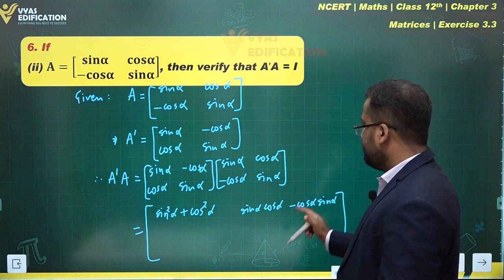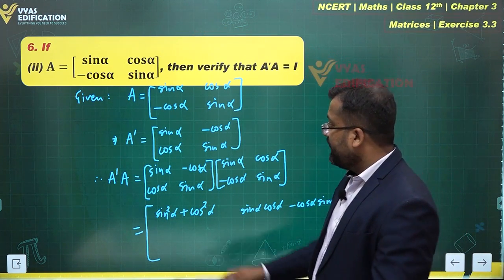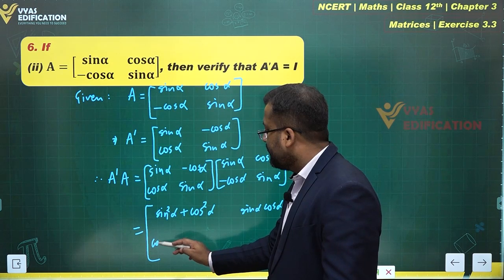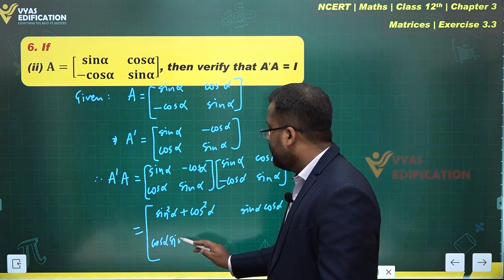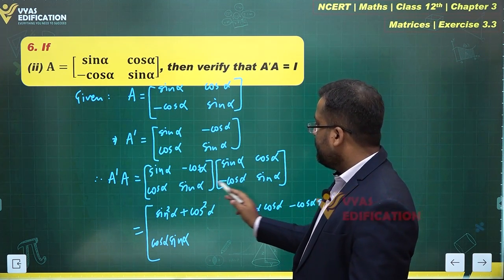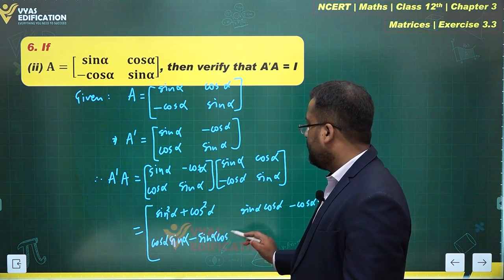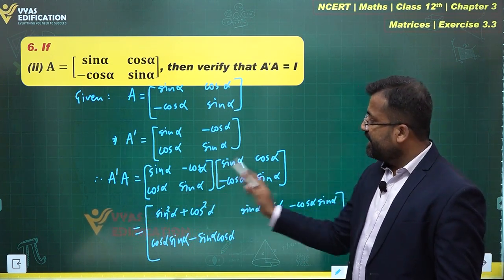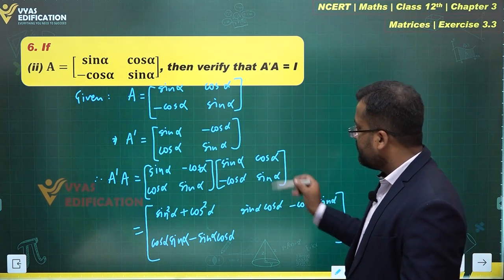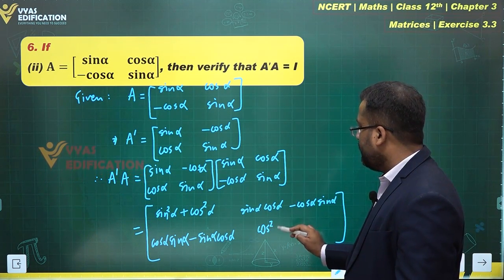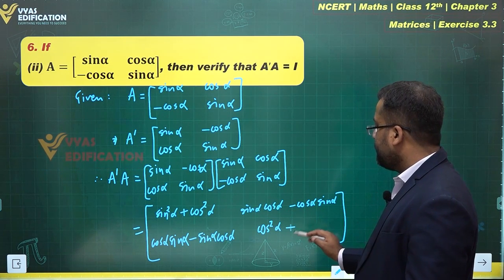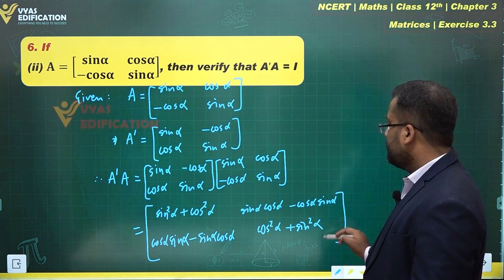This is the second term, right? What next? Cos alpha times sin alpha and minus sin alpha times cos alpha. This is what I obtain. Right. What next? The second row gets multiplied with the second column. Cos alpha times cos alpha is cos square alpha. Sin alpha times sin alpha is plus sin square alpha over here. This is what I obtain.